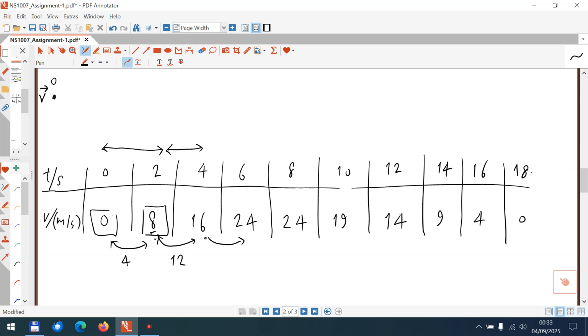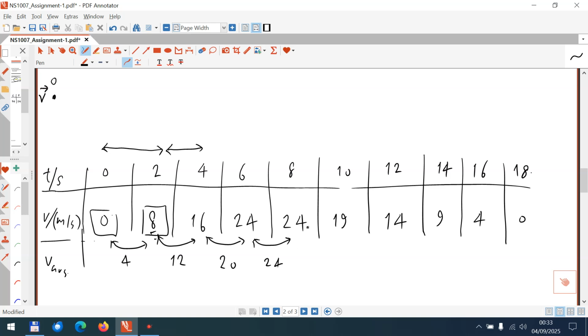I'm now listing the average speeds, right? The average between 16 and 24 is 40 divided by 2, which is 20. And because the speed doesn't change here, the average is the same as the actual value, which is 24. 24 plus 24 divided by 2.